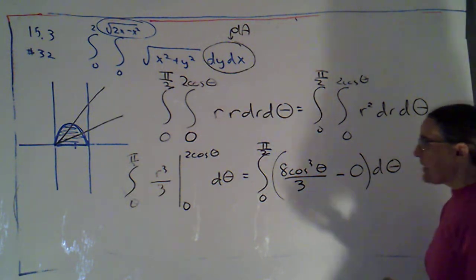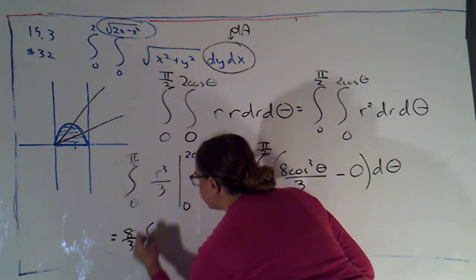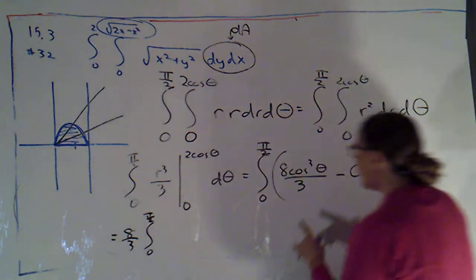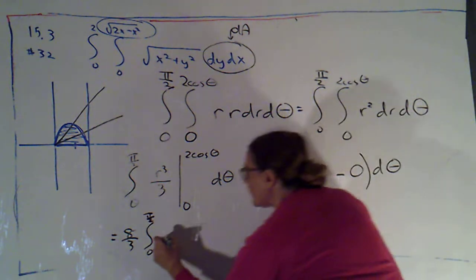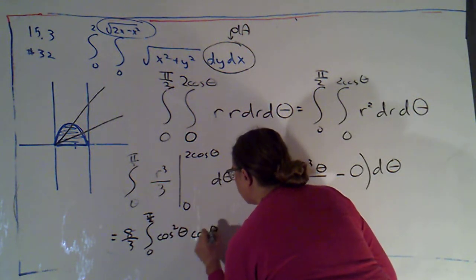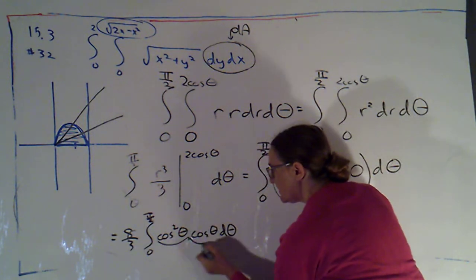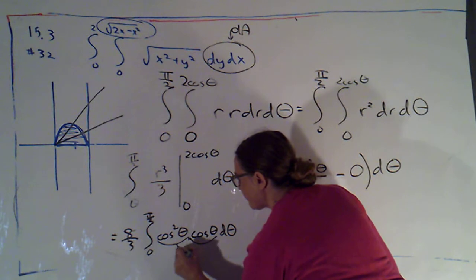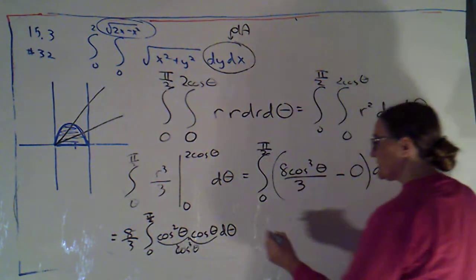Okay, so I'm going to factor out the 8/3. So I've got 8/3 integral from 0 to pi over 2. And then I want to remember how to integrate an odd power of cosine. Remember, the trick is to break that up into cosine squared theta times cosine of theta d theta. That's still cosine cubed. But now I can rewrite that even power in terms of sines.